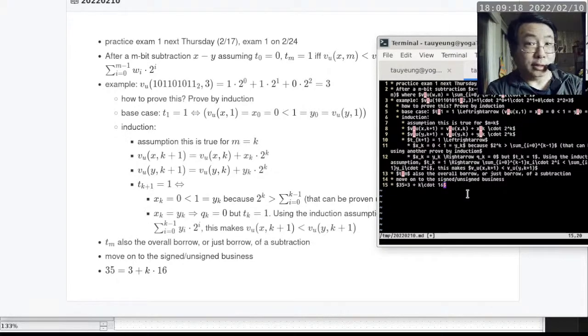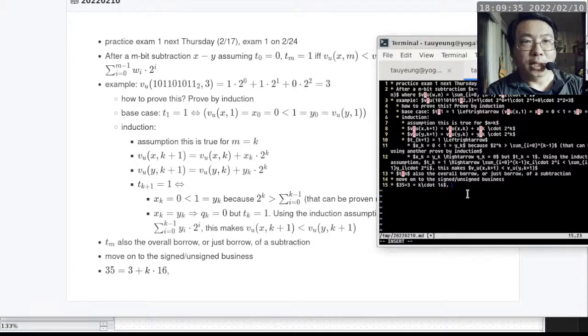Because if k can be a fraction, we don't have a problem with this. But since k cannot be a fraction, the answer is yes. K can be 2 in this case.